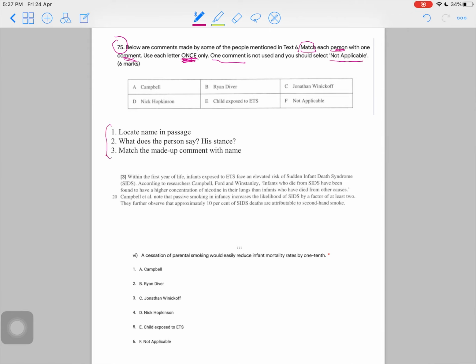So some tip here, of course there are other ways you can do this, but here is how I would do it. So first you would locate the name. So here are 5 people with one not applicable. Okay, so you want to match these people, and these names actually appear in your passage. Okay, so I actually cropped the passage out regarding this question. So I have picked this question 6.